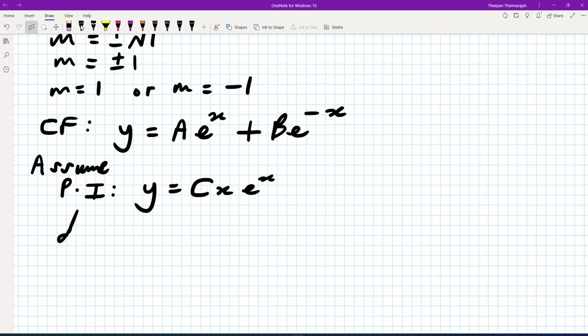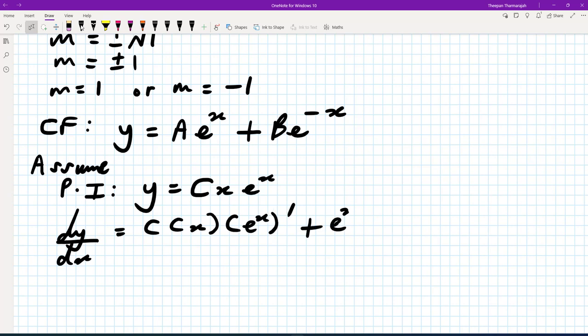So we can differentiate this to find dy by dx, and I've shown this in previous videos. We have to use the product rule. So it's c x times e to the x differentiated plus e to the x times c x differentiated. So we just get c x e to the x plus c e to the x.